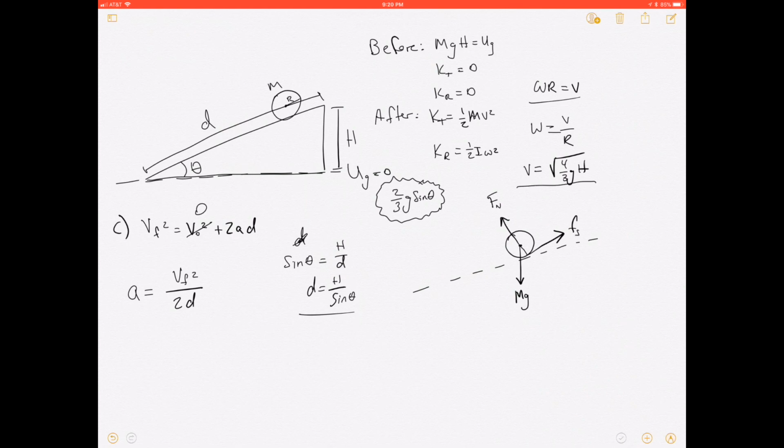So we get a is equal to, now we're squaring a square root, so we get 4/3 gh over 2 times h sine theta. Now we cancel out the h's. This becomes 2. Now sine theta goes to the top, and we're left with a is equal to 2/3 g sine theta.